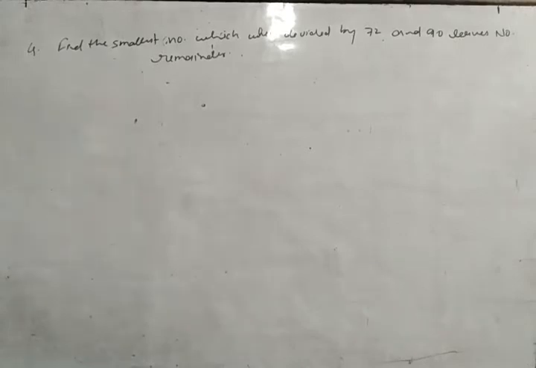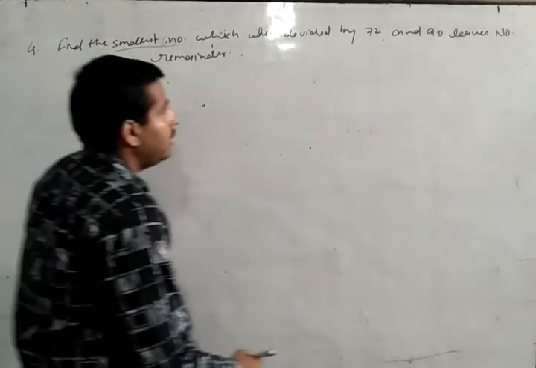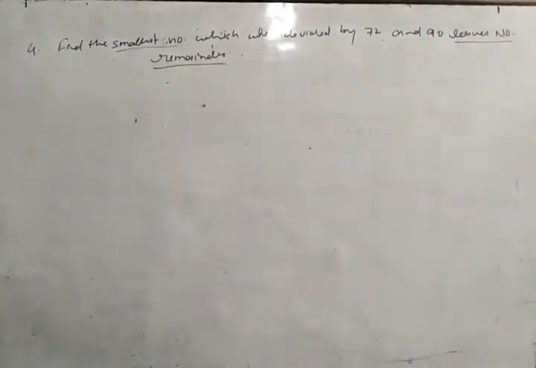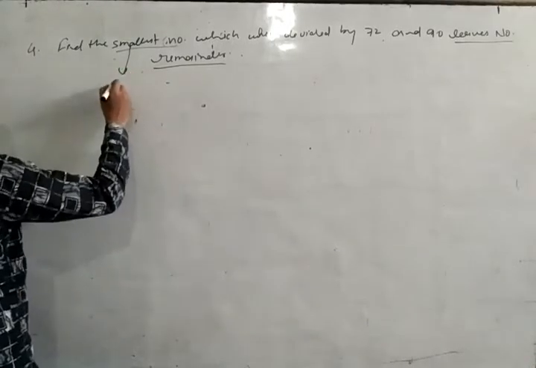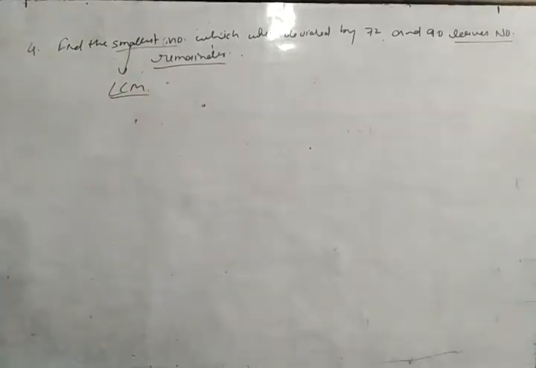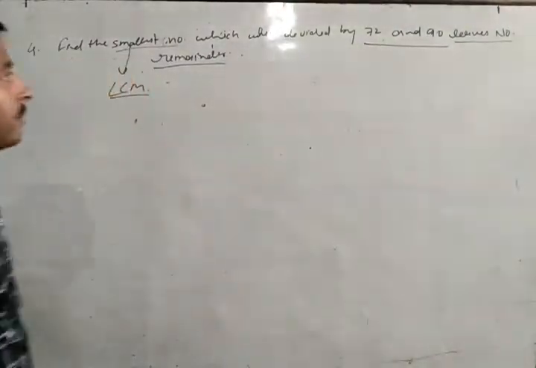You have to mark the words "the smallest number" and "leaves no remainder". This is our third type of question, where we have to calculate the LCM of the given numbers 72 and 90, which gives no remainder.